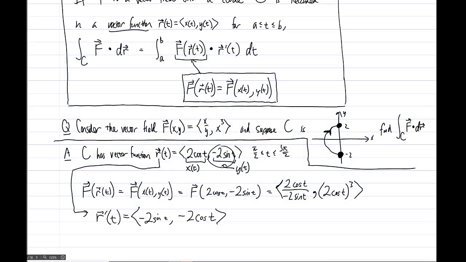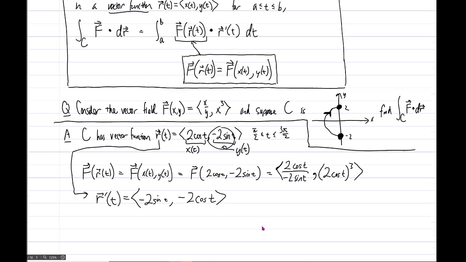Okay, now let's piece everything together. We were asked to find the integral over C of F dot dr. How you do that is you set up this. And we've done most of the work. We just need to actually plug in the pieces. So integral from a to b, in our case pi over 2 to 3 pi over 2, taken from right over here.